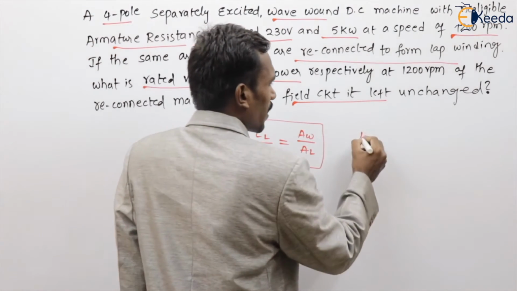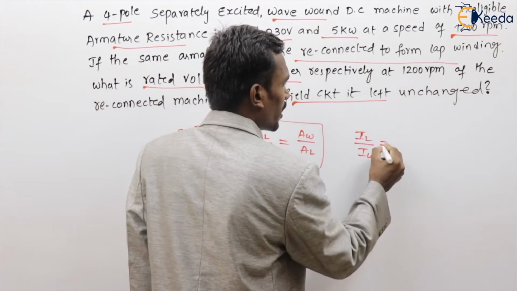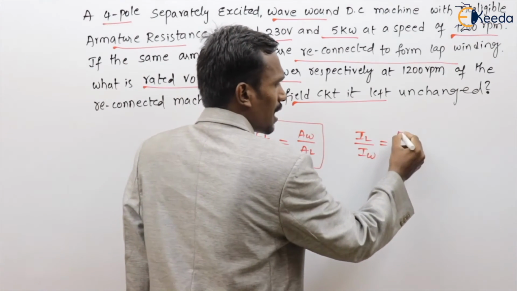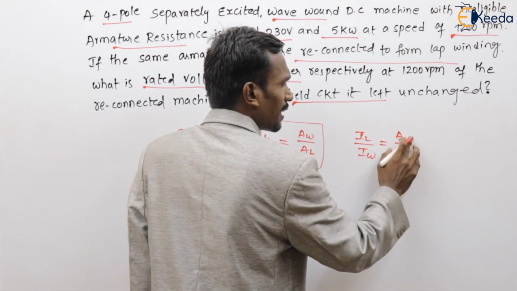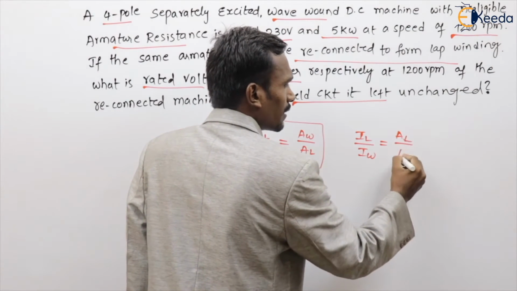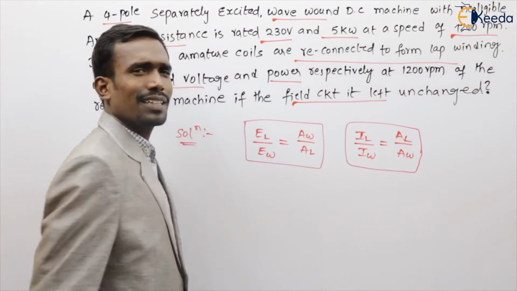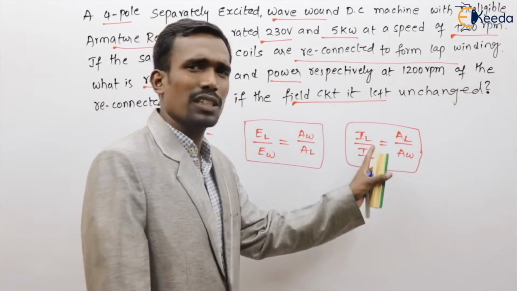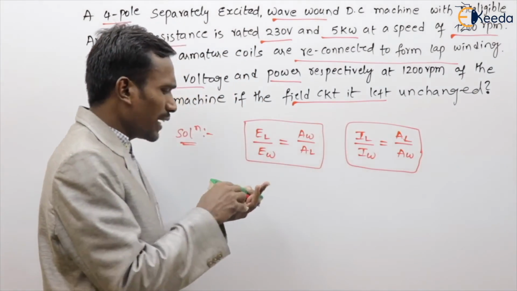And also, the current in lap winding to the current in wave winding is equal to the number of parallel paths in lap winding to the number of parallel paths in wave winding. Generally, parallel paths are directly proportional to current. If parallel paths are more, current is more. We have these two equations.